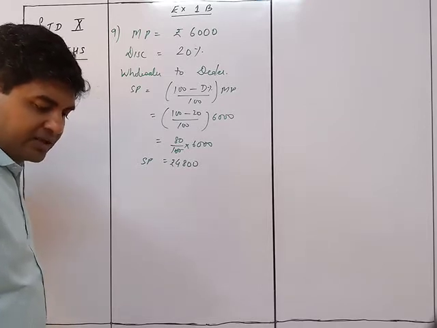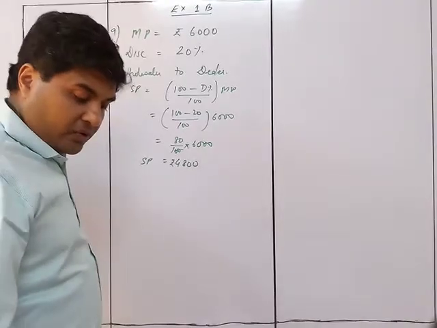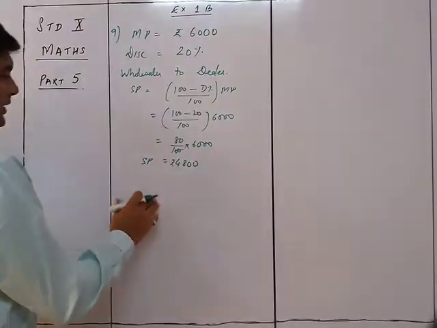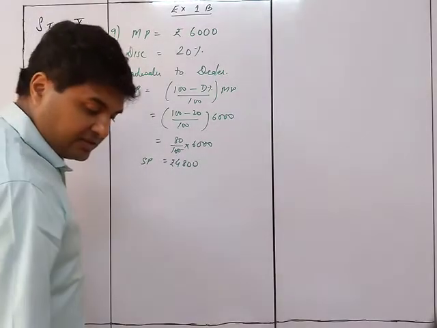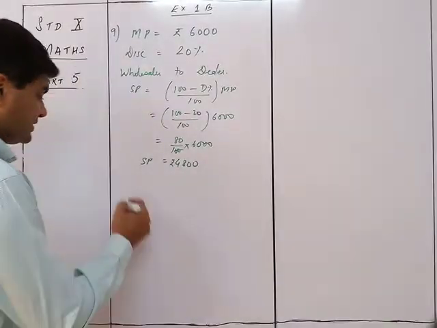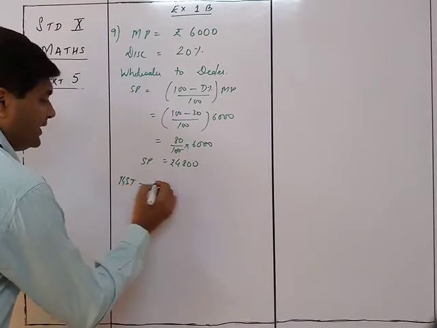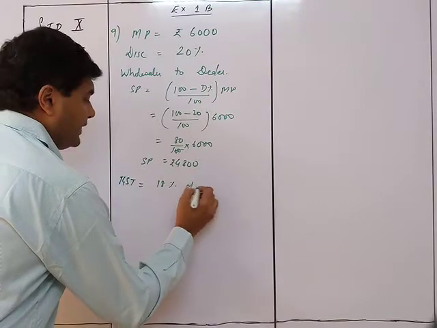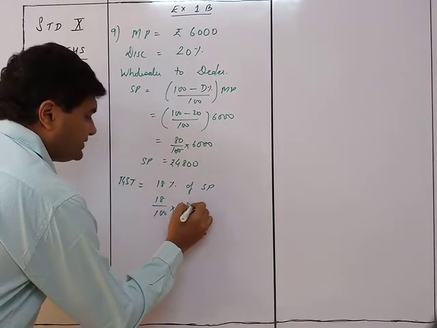The dealer further sells the article to a customer at a discount of 10% on the mark price. Of course, they are also going to ask what is the tax paid to the government. Here we are just considering everything as IGST, and the tax in each case is 18%. So IGST is equal to 18% of SP, that is 18 upon 100 into 4,800.